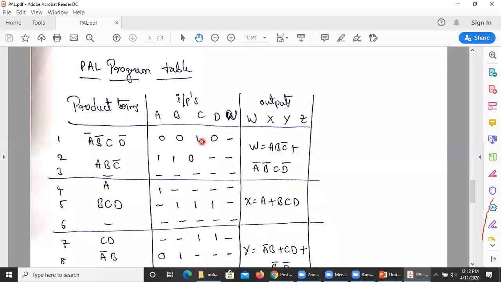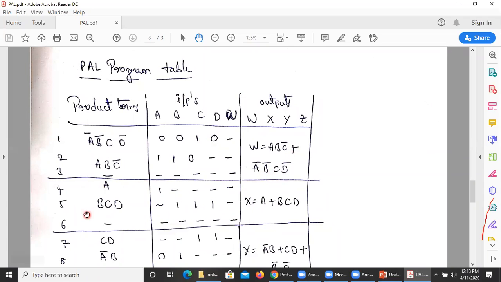C is in uncomplemented form, so it is 1, and there is no W, so we keep it as a hyphen. And A B C bar means A, B are ones, and C bar is in complemented form, so 0, and there is no D and W, so hyphen. The third AND gate is not available in W, so we keep hyphens. So W is equal to A B C bar plus A bar B bar C D bar.